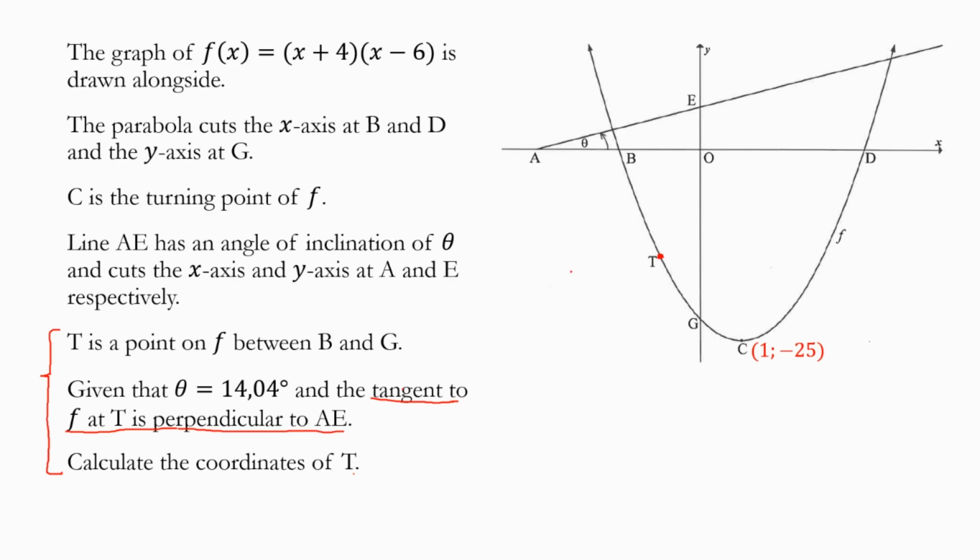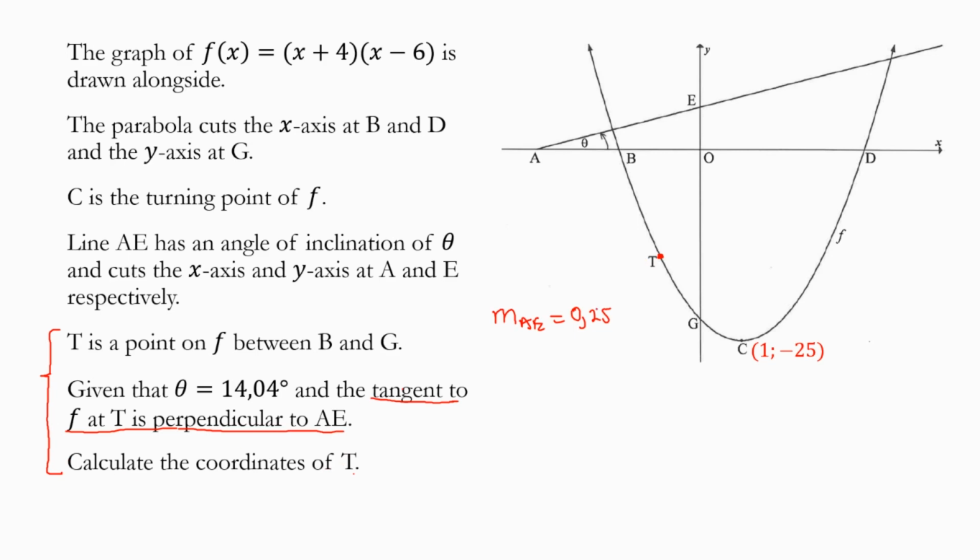Remember, in the previous question, 7.4.1, we managed to find that the gradient of AE, mAE, is 0.25. So now we have the gradient of AE. If the tangent to f at T is perpendicular to the line AE, then we can find the gradient of that tangent, isn't it?